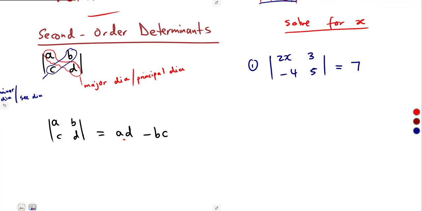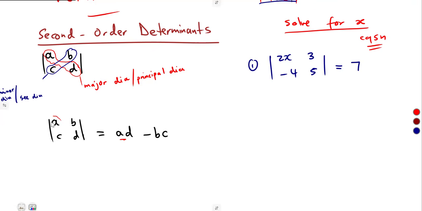So what are we going to do to solve for x? It's an equation once it's like this. So we must form an equation where we can solve for x. That equation is determined from where? The concept here is determinant. So you refer back to the determinant. How do you calculate your determinant?